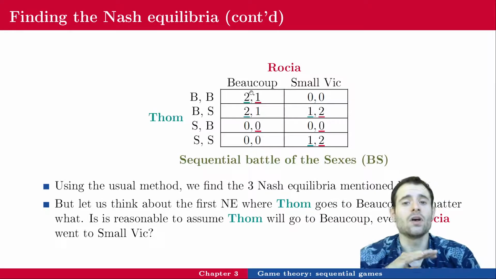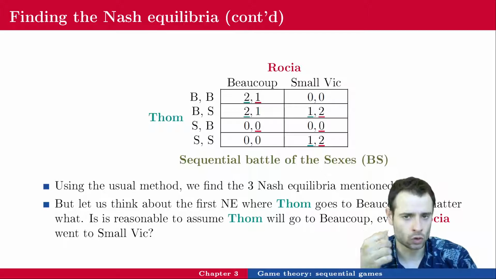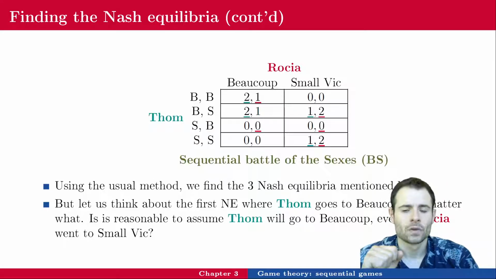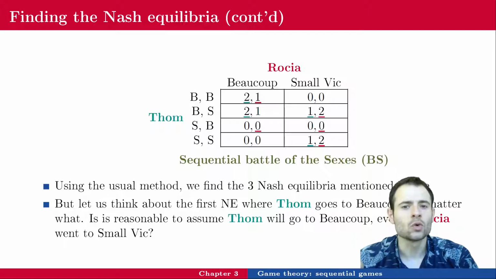Well, if he does that, and if he tells Rosia, hey, I'm going to go to beaucoup no matter what, just so you know, then Rosia, yes, will go to beaucoup. But imagine that if Rosia decides to go to small victory instead, does Tom still want to go to beaucoup?